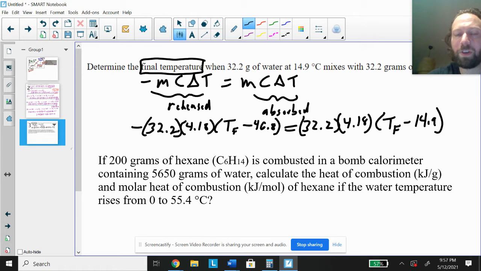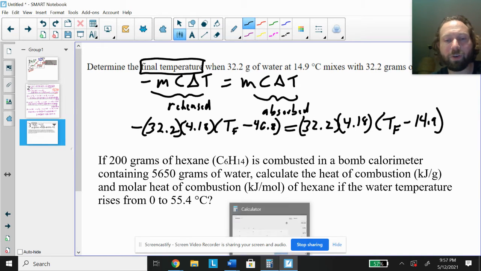The final temperature for both of these is going to be the same. They're mixing together, and when we mix them together, they should finally reach a point where the final temperature is the same for both substances. So the final temperature on the left and the final temperature on the right are the same thing, and we can actually solve for final temperature.